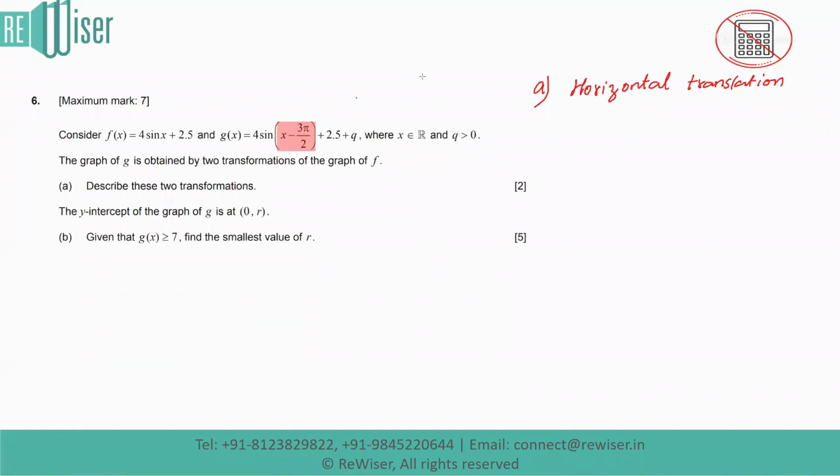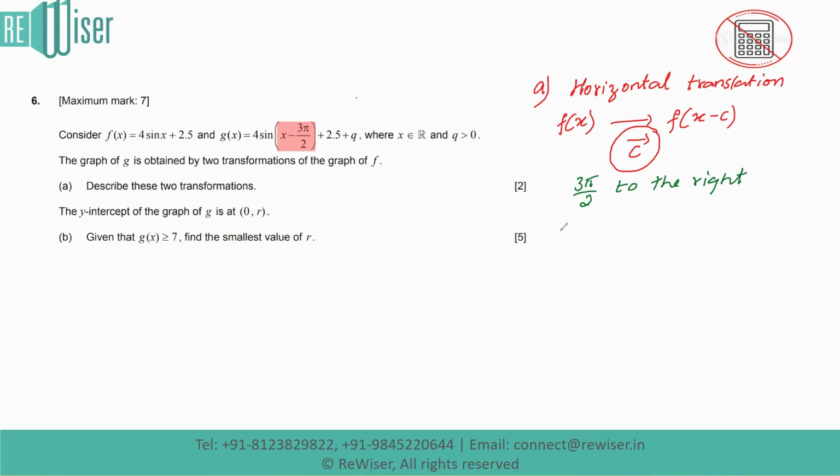Whenever you have any function f of x that is translated to f of x minus c, the graph moves c units to the right, not to the left. So here the graph moves 3 pi by 2 units to the right. So, a horizontal translation of 3 pi by 2 to the right. That is the first thing.